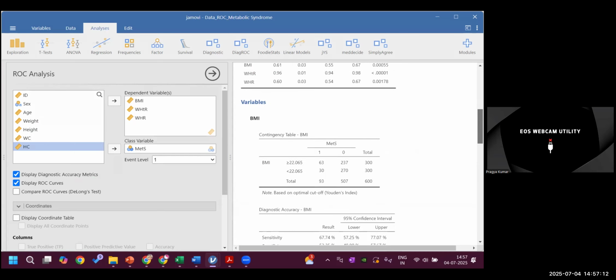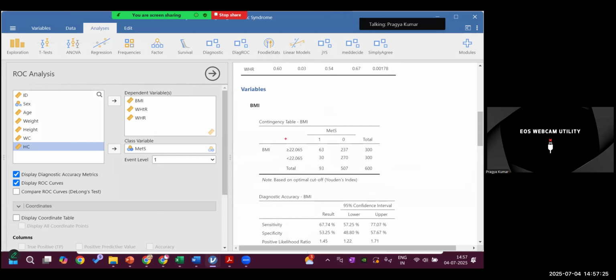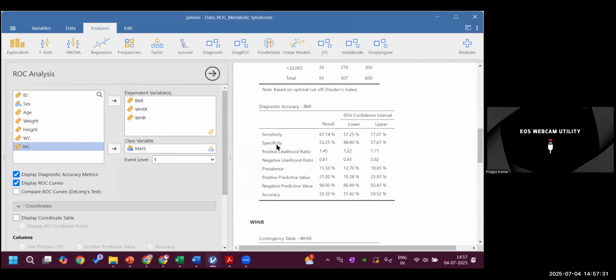And if you see, it uses a cutoff which it decides automatically based on the Youden index. It calculates a 2 by 2 table. So for BMI, it is suggesting a cutoff of 22. And on that 22, it calculates the sensitivity, specificity, positive predictive value, all these tests which we have just discussed.